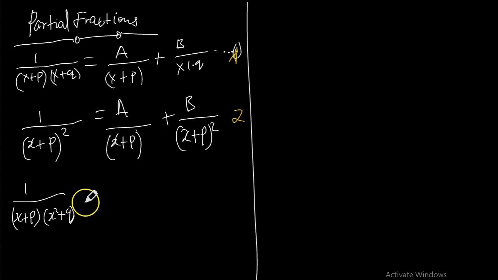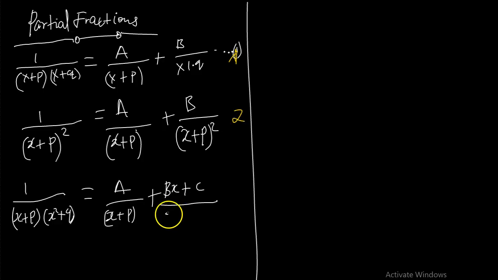We can split into a divided by x plus p, plus bx divided by x squared plus q. This is the third type of partial fraction that we already discussed.